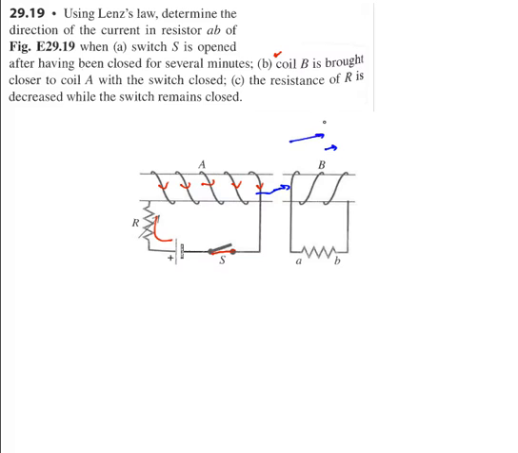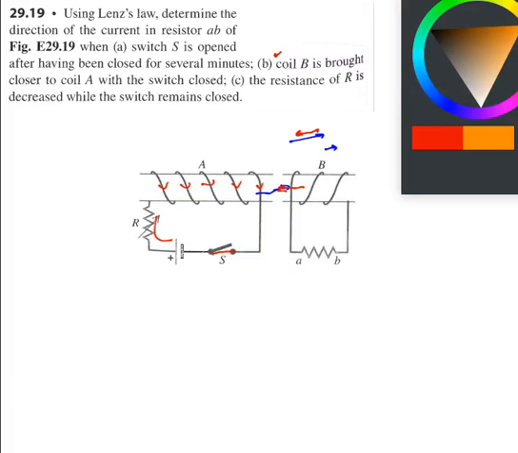So these induced currents are going to fight that change, right? So what they're going to try and do is make their own magnetic field, which tries to kill the change that occurred. Won't succeed. So if we know that the magnetic field inside of this coil is this way, what way does the current have to flow in order to make that magnetic field?